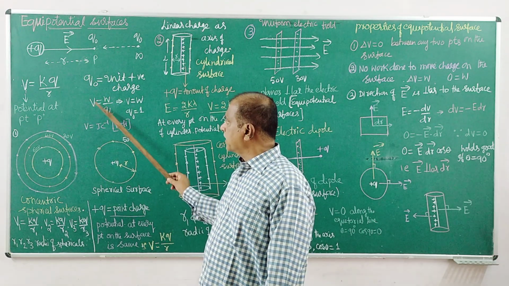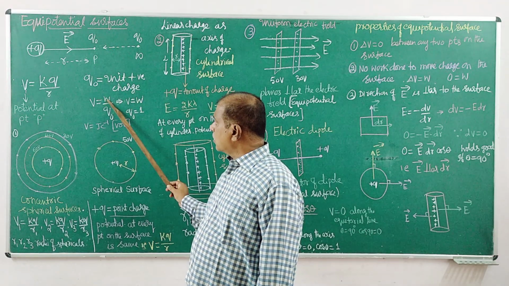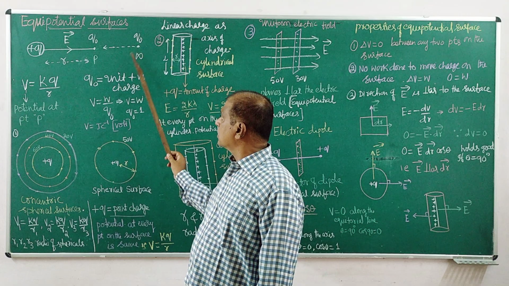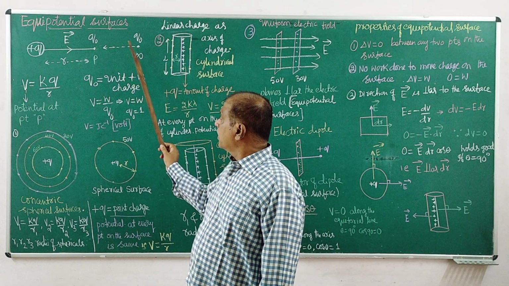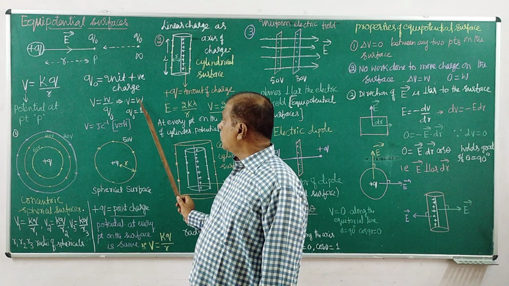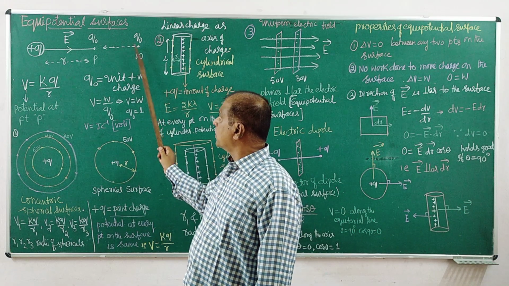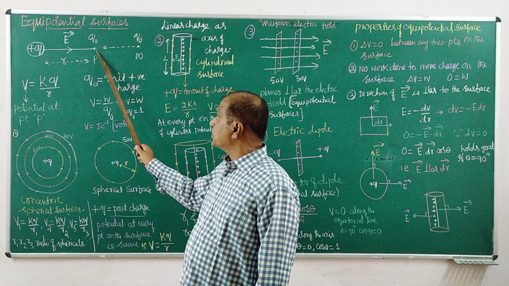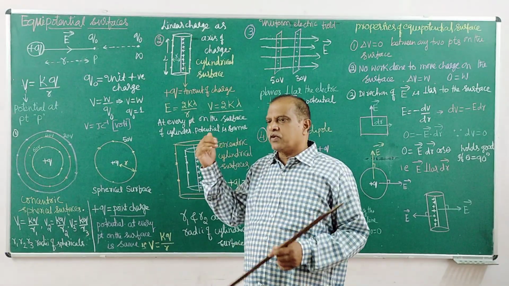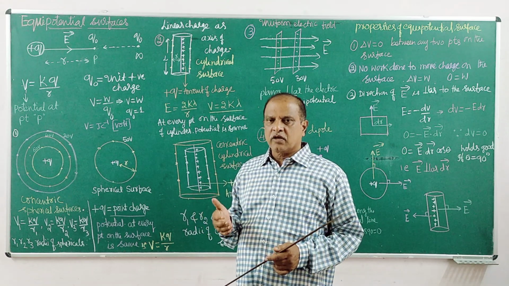Other way, that is the mathematical definition. Potential at any point is the amount of work done to move a unit positive charge from infinity to that point. That work or energy can take different forms, such as work, potential energy, or kinetic energy.